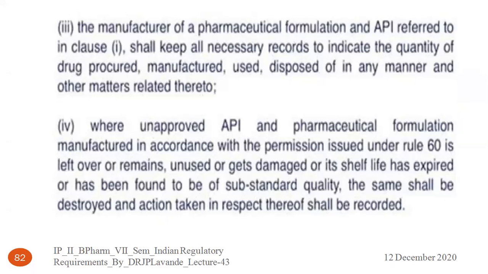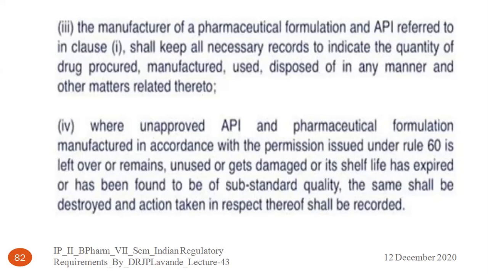So particularly for the process of manufacturing, the quantity in which it needs to be manufactured and the place where it is to be manufactured, all these are the different conditions, and it should be in accordance with what has been specified in the application. And there is a need to maintain the record of everything: the quantity of the drug that is procured, manufactured, used, disposed, all these.